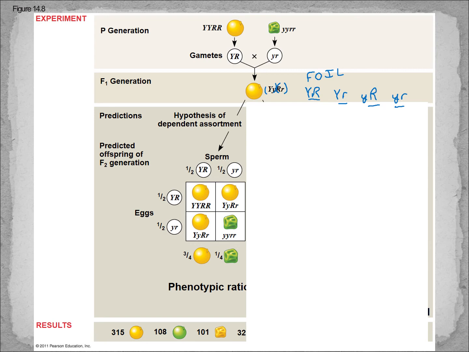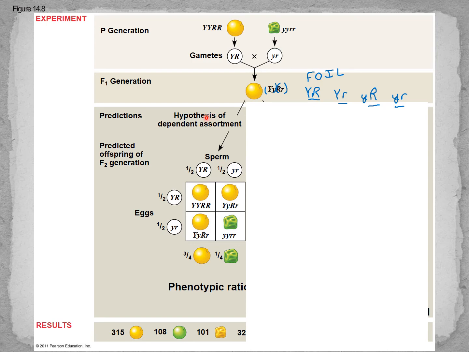Now, talking about the law of segregation, and considering the law of independent assortment, there are two hypotheses.